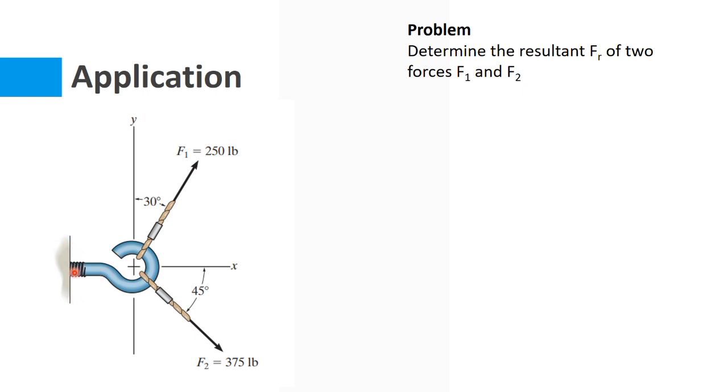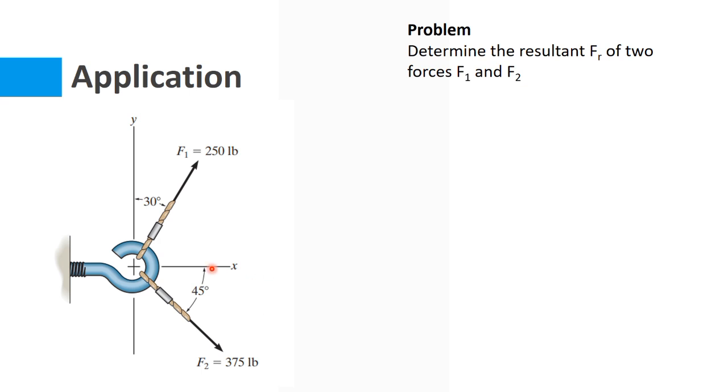There are two forces: F1 acts at an angle of 30 degrees with the y-axis, and its magnitude is 250 pounds. The force F2 acts at 45 degrees with the x-axis, and this angle would also be 45 degrees with the y-axis, and the magnitude of F2 is 375 pounds.